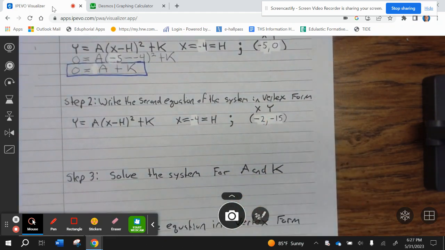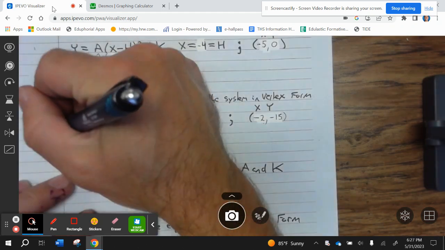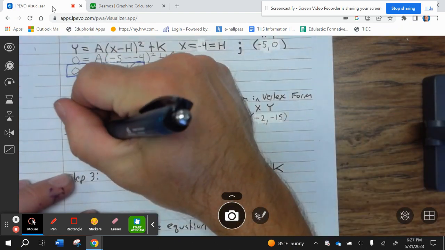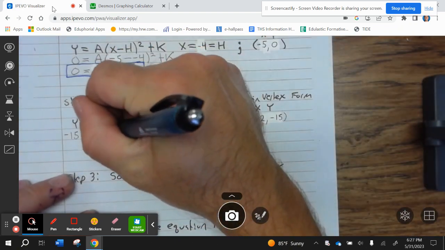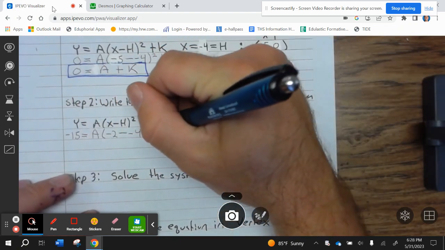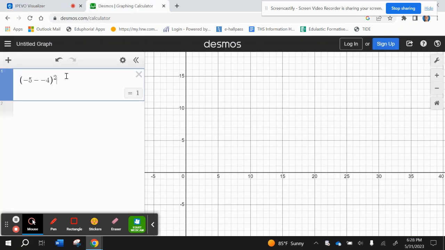Okay, step 2. Write the second equation of the system in vertex form. So again, we're going to plug these numbers in. So that's negative 15 equals a, we don't know, parentheses x, which is negative 2, minus h, which is negative 4, squared, plus k. So again, parentheses negative 2 minus negative 4 squared is 4.